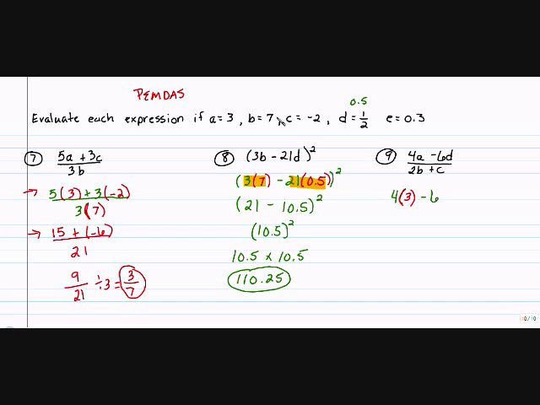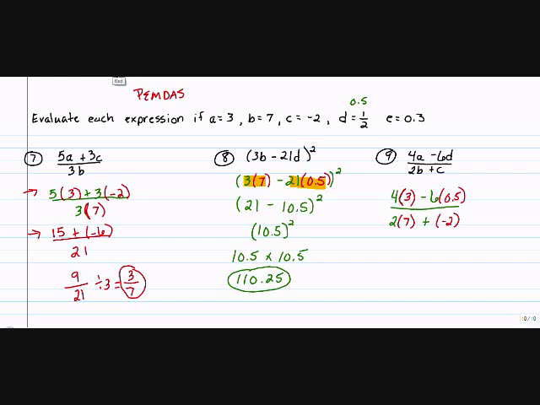Minus 6 times 1/2, which is taking 1/2 of 6, so I know that's 3, divided by 2 times your B is 7, plus, and your C is -2.